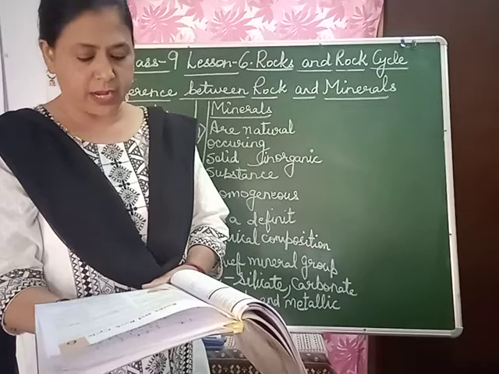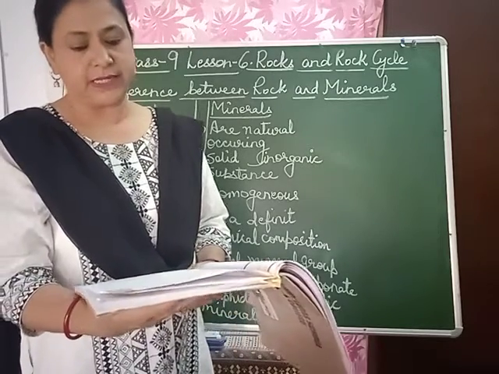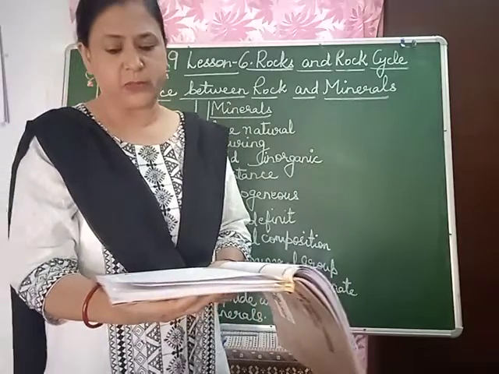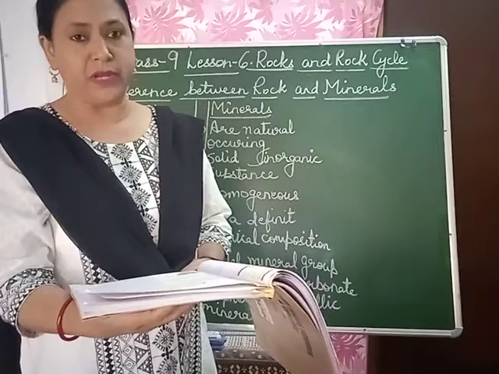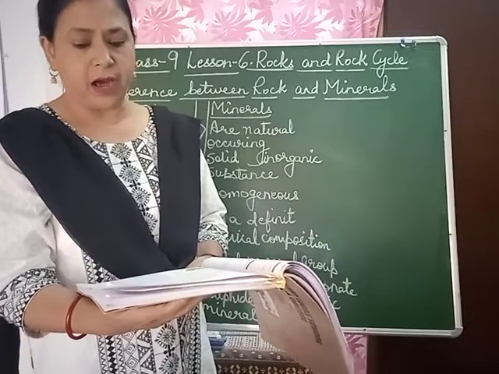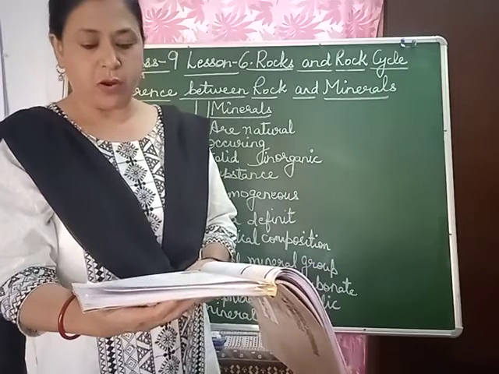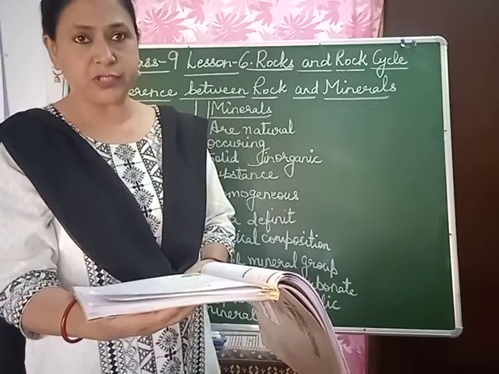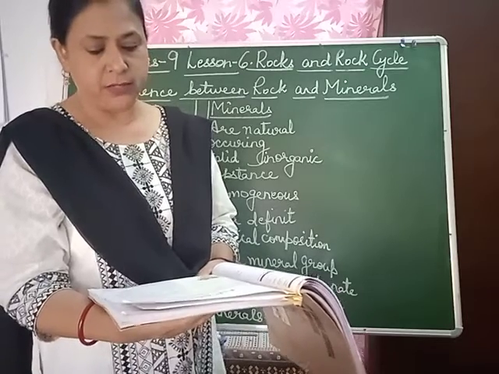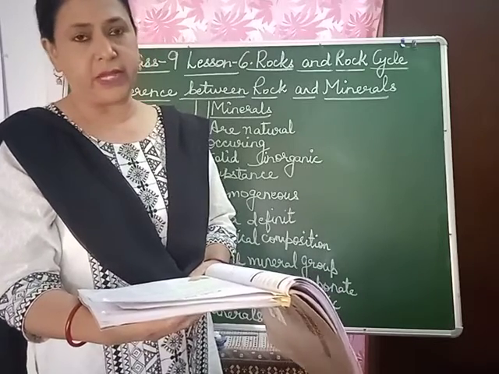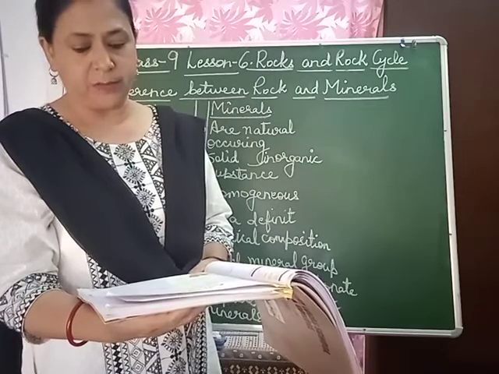Silicate and quartz are common examples of minerals. So, here is the difference between rocks and minerals. Rocks are aggregates of mineral elements. Minerals are naturally occurring solid inorganic substances. Rocks are heterogeneous in their composition, and minerals are homogeneous in their composition. A rock has no definite chemical composition. Minerals have a definite chemical composition.